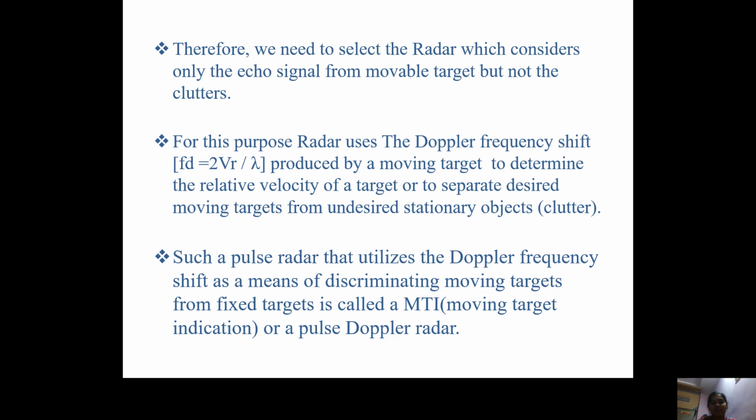Such a radar which utilizes the Doppler frequency shift as a discriminating factor for separating moving targets from fixed targets is called moving target indicator, moving target indication, or pulse Doppler radar. These two terms appear to be the same, but MTI is a concept which can be used in the radar.